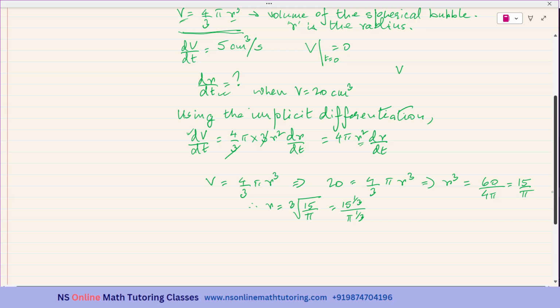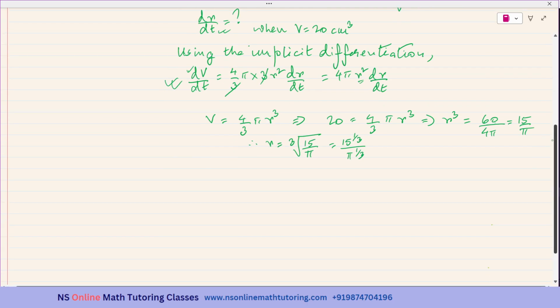And now we come back to this equation once more. So therefore, dV by dt is equal to 4 times pi times 15 to the power of 1 over 3 divided by pi to the power of 1 over 3 whole squared, because it is r squared, and dr by dt.